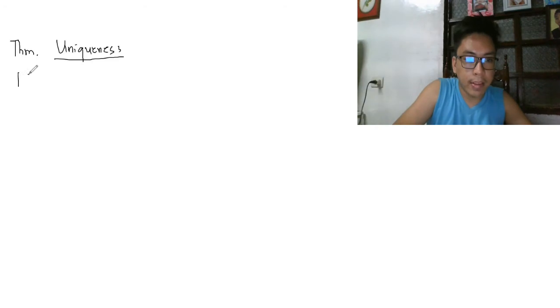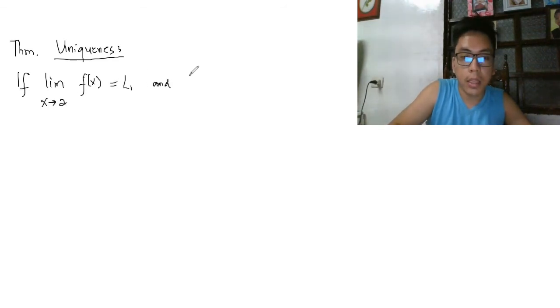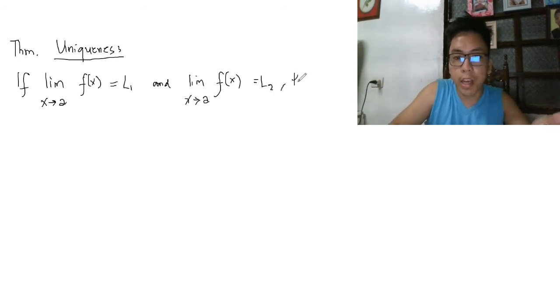This theorem says that if you have the limit of a function f of x as x approaches a equal to L1, and the limit of f of x also at the same time as x approaches a is L2, then this simply tells us that L1 is equal to L2.